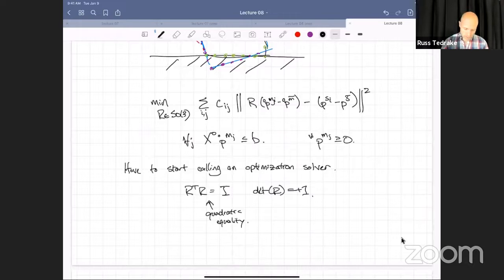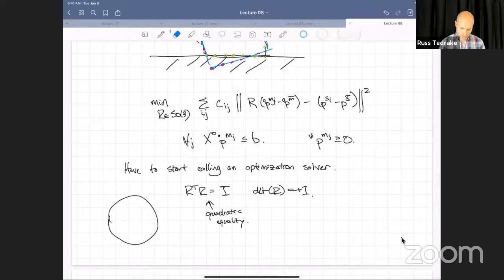Because if I think of all those points on the unit circle, like in the illustration, I have a solution that puts my rotation matrix coefficients here. There's another solution that would be valid here, but the straight line between them is not a valid solution. So it's not a convex optimization. And similarly, the second one is also not a convex constraint.